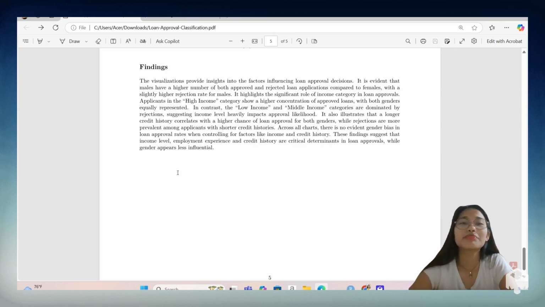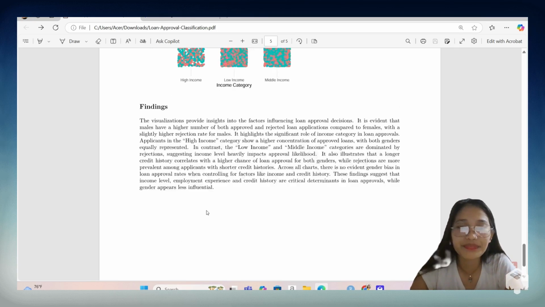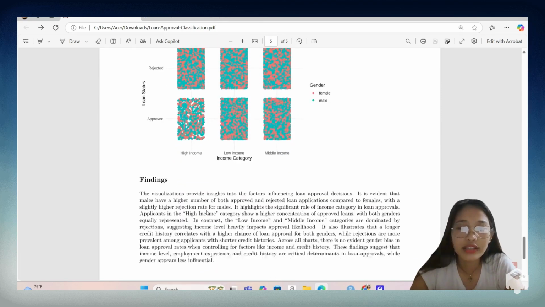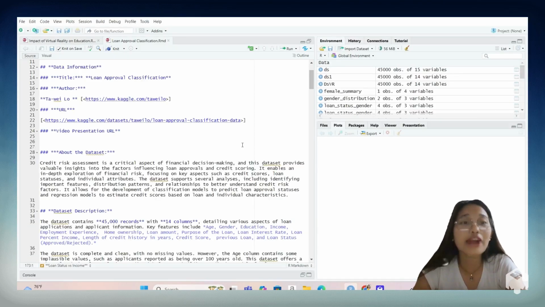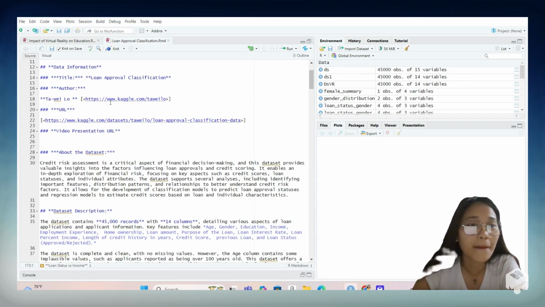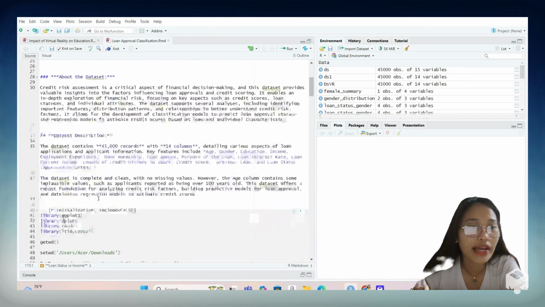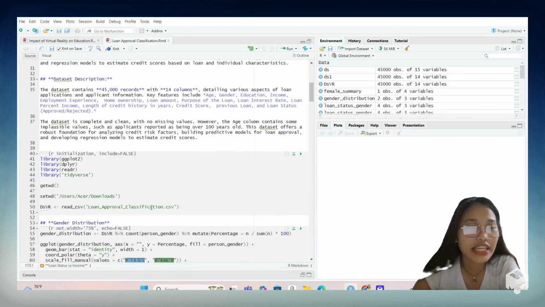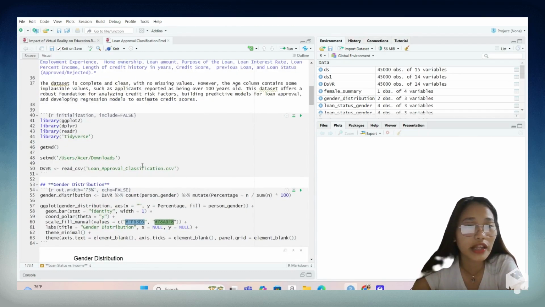Okay, so that's my EDA. And now I will show my RMD and how I did those things. Here, I loaded the CSV data, the loan approval classification dataset from kaggle.com.